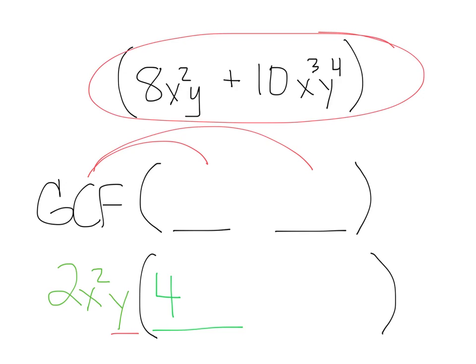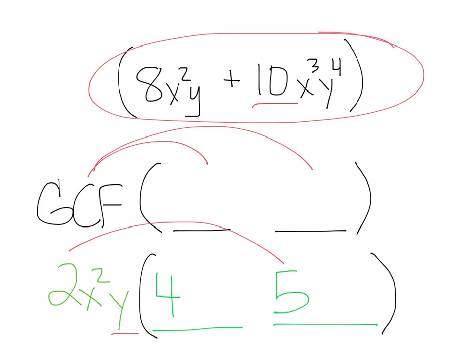But now we need to really think about what do we need to put over here. So 10 divided by 2 is what? Gives us a 5. It's because 2 times 5 will give us 10.